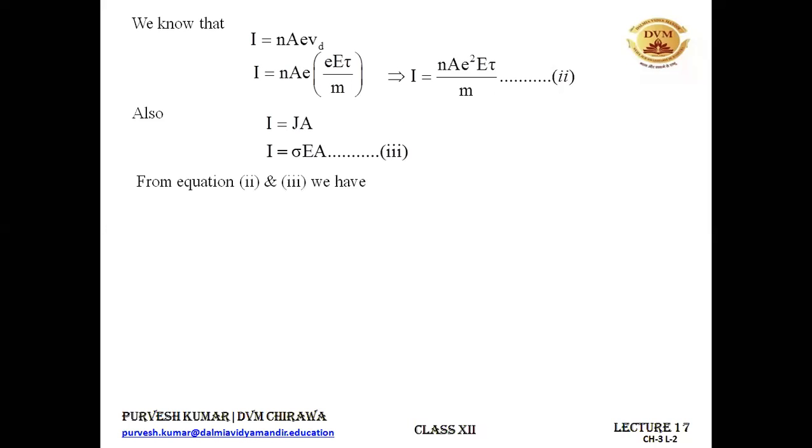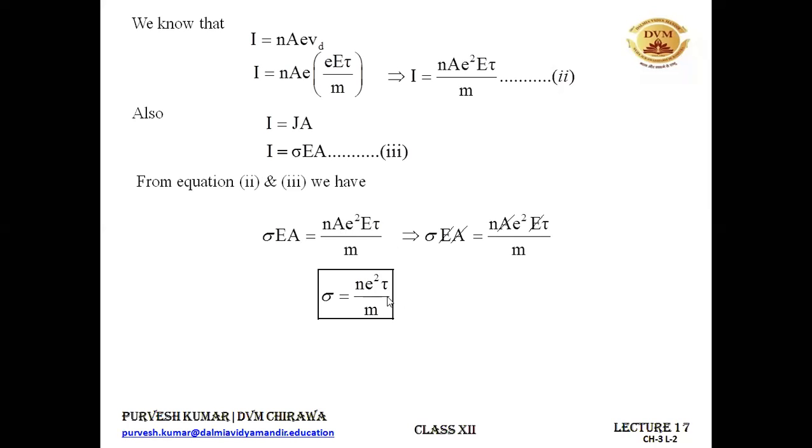So I is equal to JA, with sigma E in place of J. On the left hand side, they are having I only. So sigma capital EA is equal to NAe square E tau by M. And this E gets cancelled out with this E and A gets cancelled out with this A. And we are left with sigma is equal to Ne square tau by M.